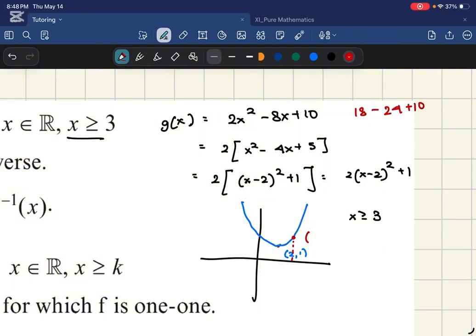So I made a mistake here. Oh, plus 2, because I multiply 2 here. Okay, so now that makes sense. So it should be 3 comma 4.